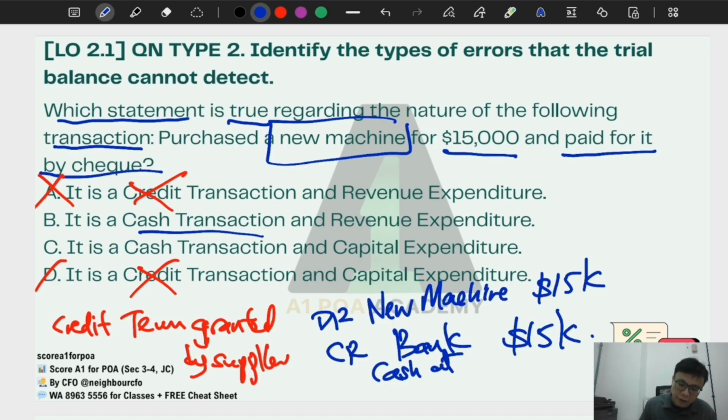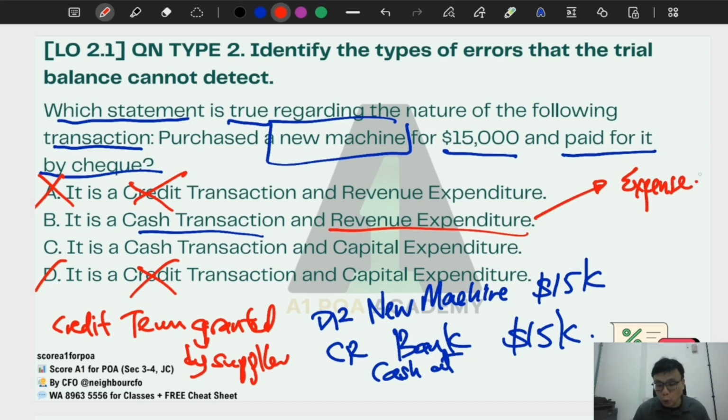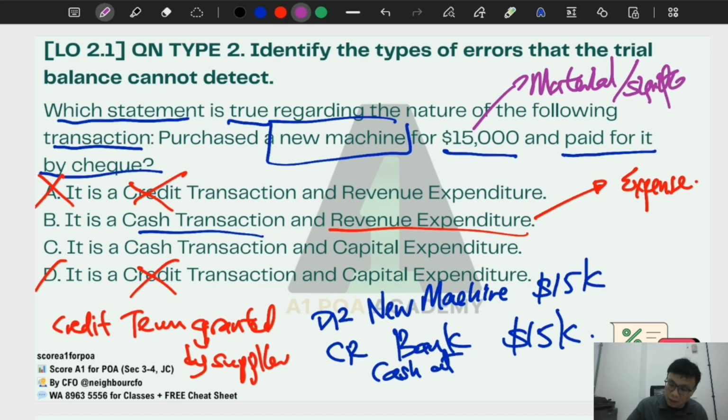Revenue expenditure is telling you that it is an expense. But for a huge purchase of 15,000, for sure it is a material value, a significant amount.